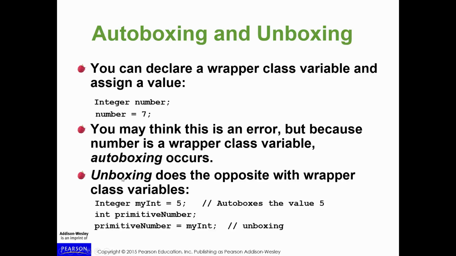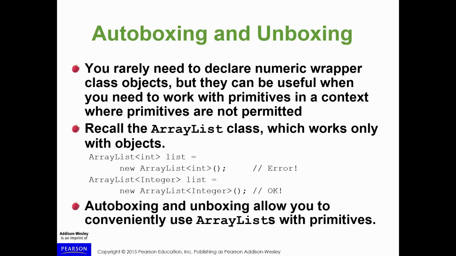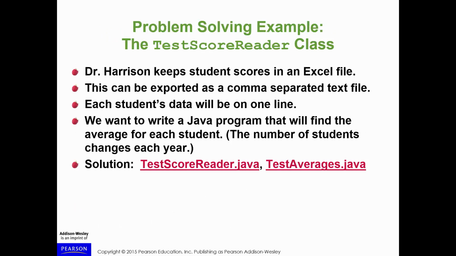And when you go the other way from wrapper object to primitive, that's unboxing. It says, recall that the array list only works with objects. Auto-boxing and unboxing allow you to conveniently use array lists with primitives. A lot of the stuff with that happens behind the scenes and you don't even really realize that it's happening.